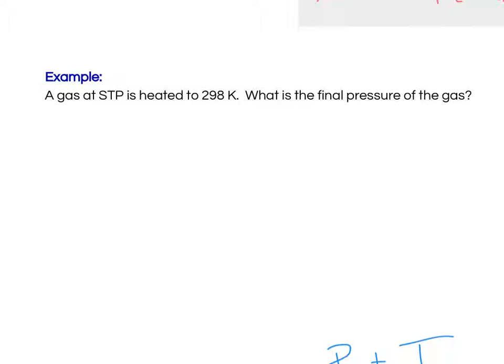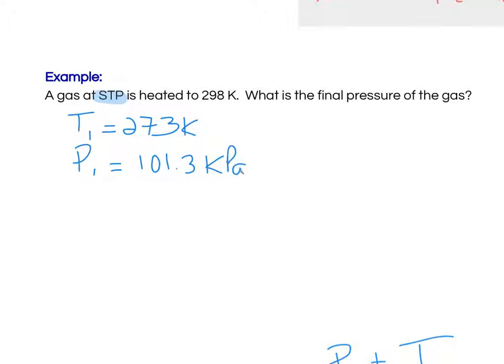You'll remember that STP, by giving us that set of conditions, gives us both the temperature and the pressure in that statement. So that is telling me that T1 is 273 Kelvin. Standard pressure is our initial pressure, and that was 101.325, or just 101.3 kilopascals.